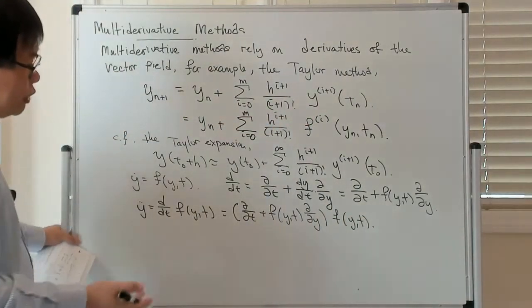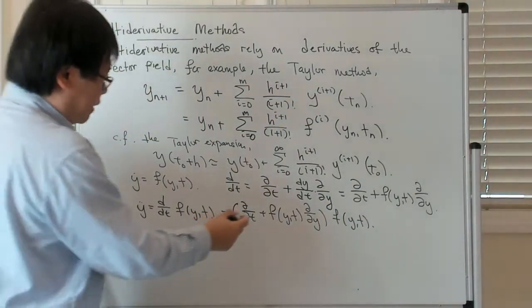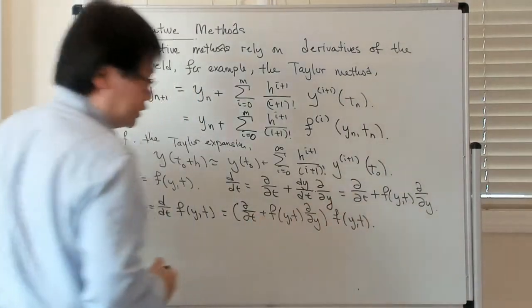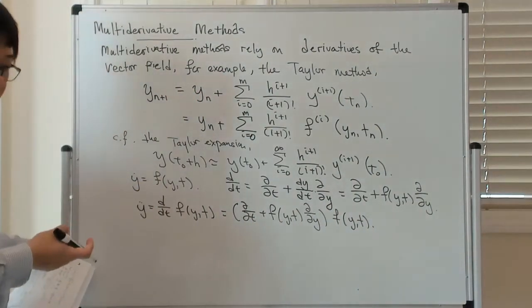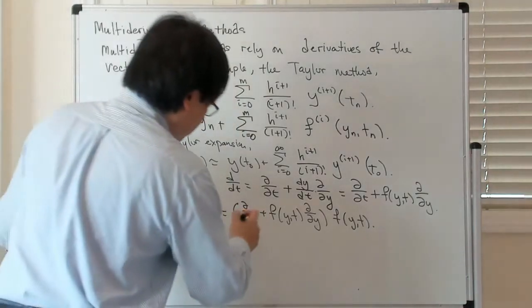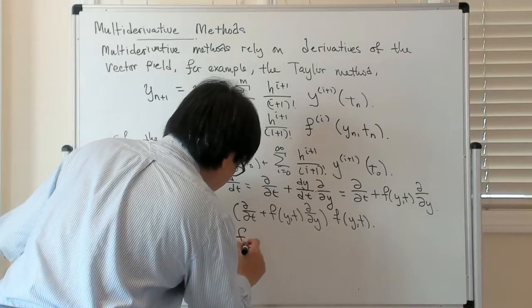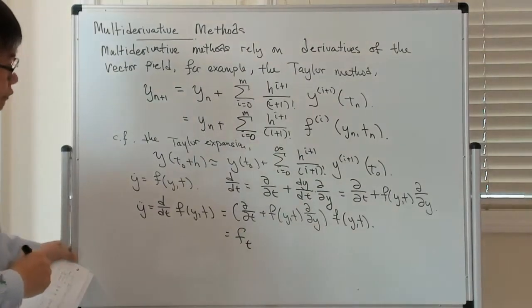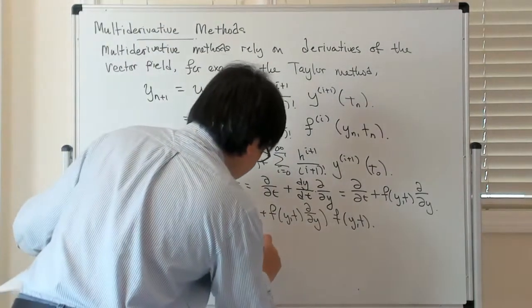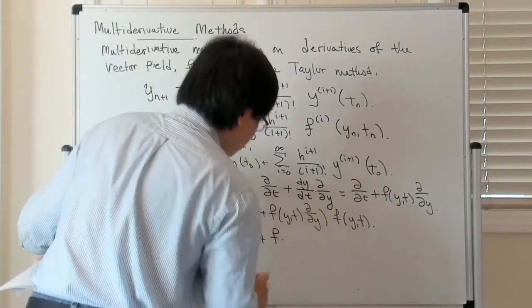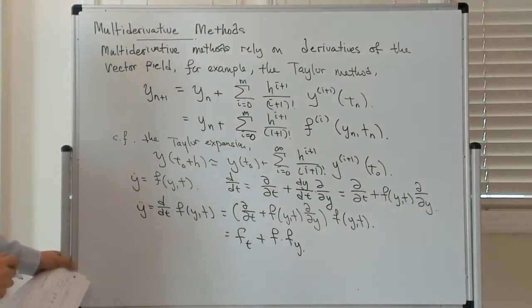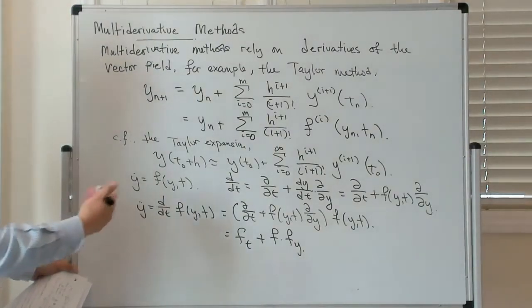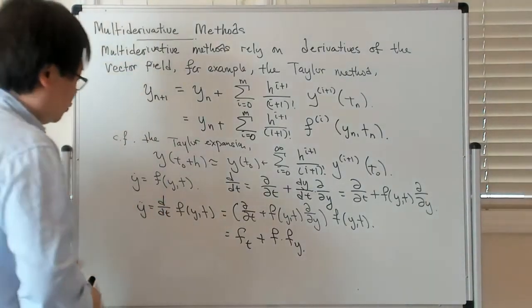So I'm going to omit the dependence on y and t, just to save a little bit of time, and I'm going to denote partial derivatives by subscripts. So this gives me the partial with respect to time of f, plus f times the partial with respect to y of f. Okay, so that's the second derivative, and it already involves two terms.